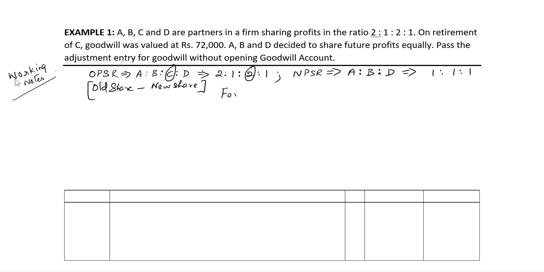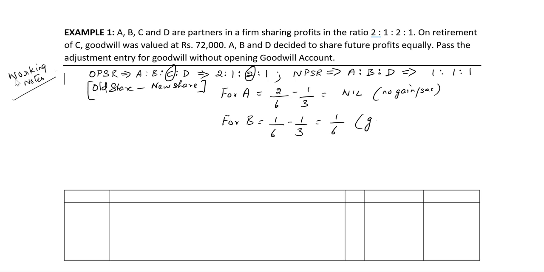In the case of partner A, old share 2 divided by 6 minus the new share 1 divided by 3. No gain or sacrifice by partner A. In the case of partner B, 1/6 old share minus 1/3 new share, a -1 divided by 6, and B has gained.